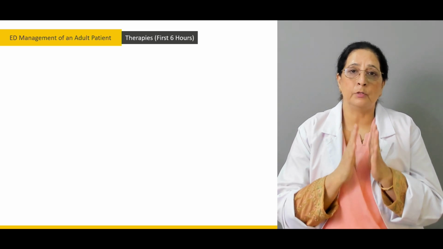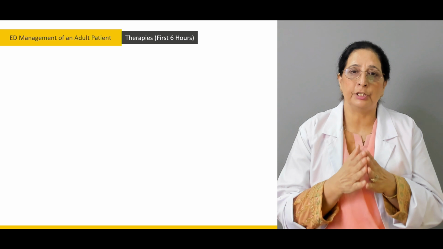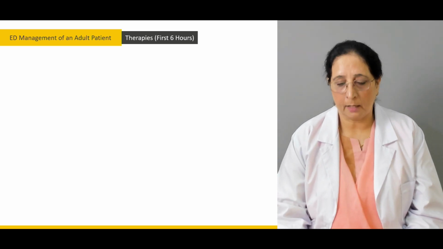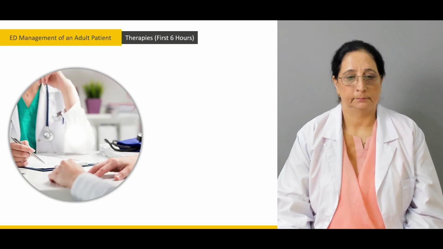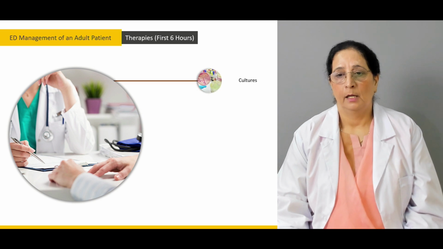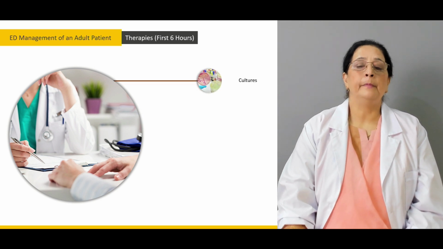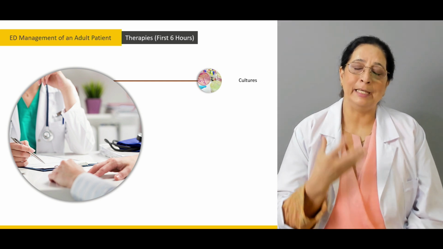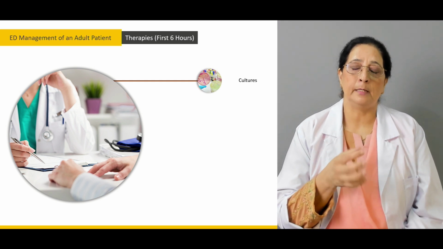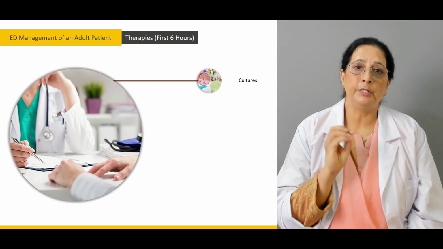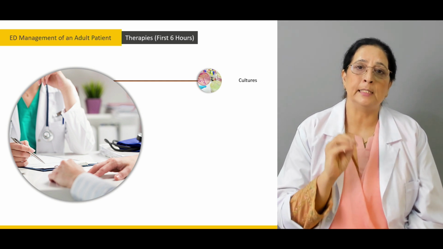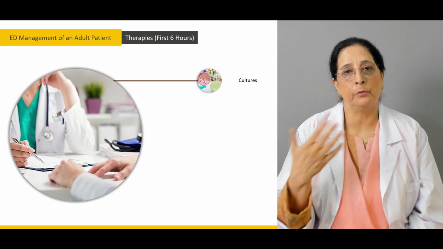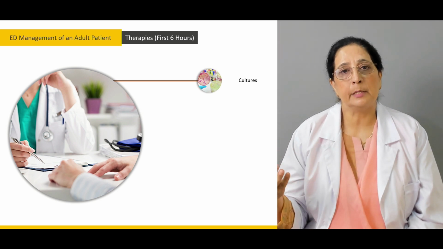So how do we manage the patient in the first 6 hours? We should perform blood cultures, very important. So we should know the exact causative organism, so the treatment should be specific against that organism and we have a better prognosis.